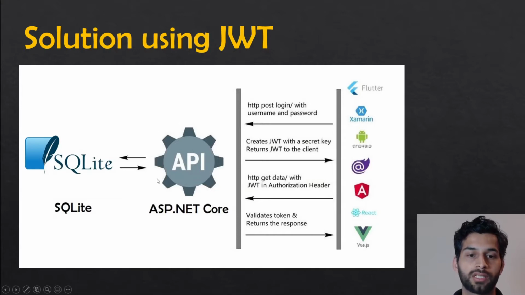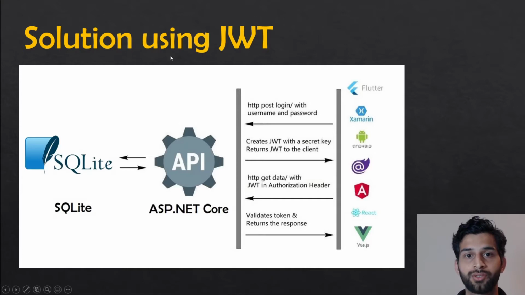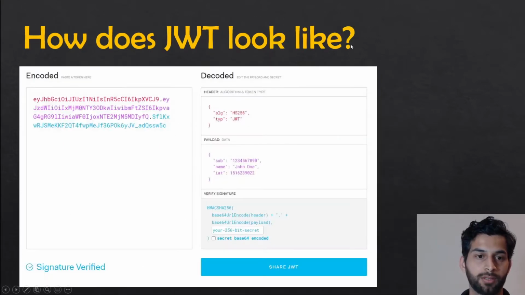And once the JSON Web Token is validated, the server sends the response back. If someone changes that JSON Web Token, then the server knows that it was not generated at the server, and it tells the client that this is not the correct JSON Web Token. So that's why you should use JSON Web Tokens.